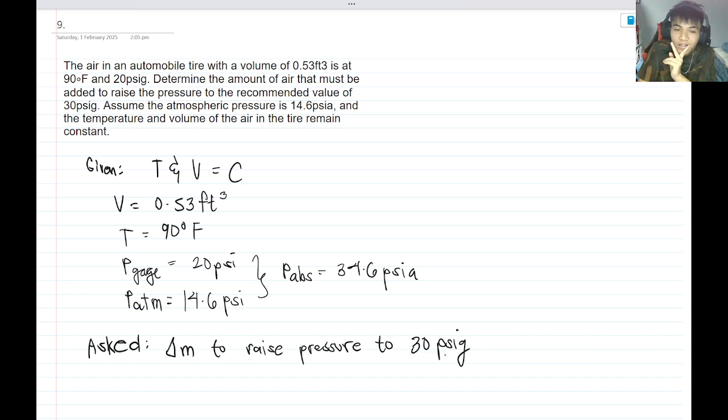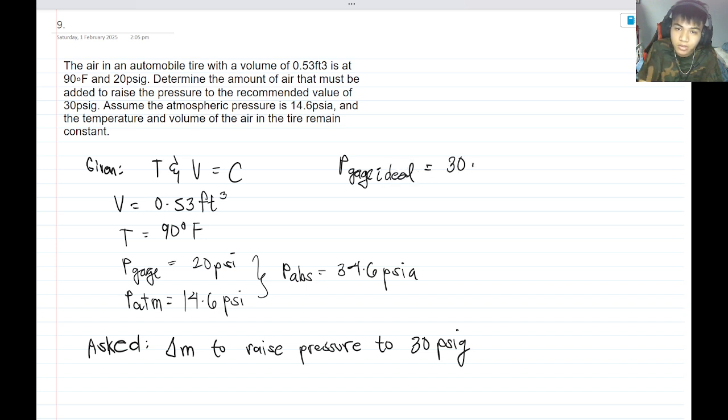So the ideal pressure here, so there's another P-abs, which is the ideal one. So this is what's given to us, and then P gauge ideal, okay?